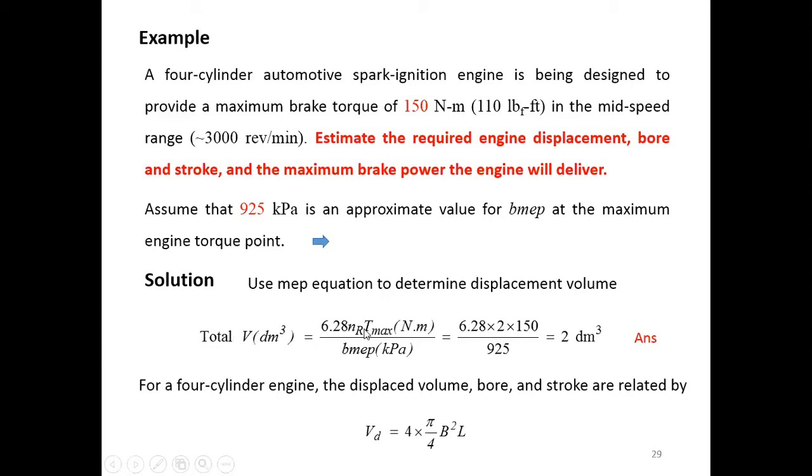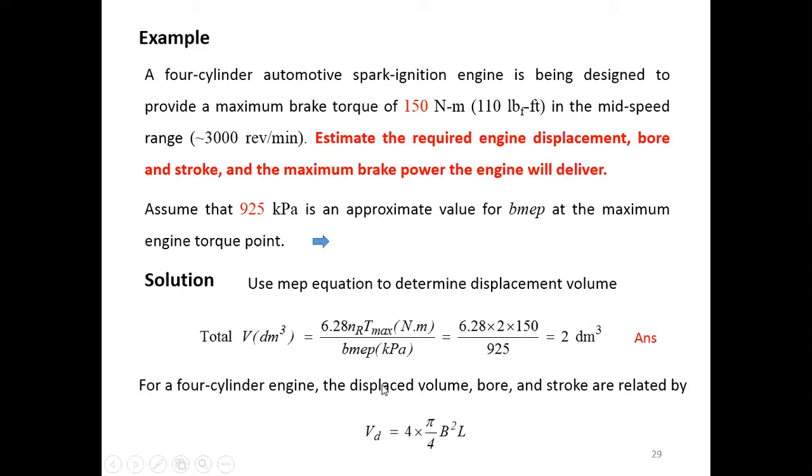If you put in the correct unit, then you get the correct answer, which is 2 cubic decimeters. So this is the displacement volume of this engine based on 925 kPa for the brake mean effective pressure.